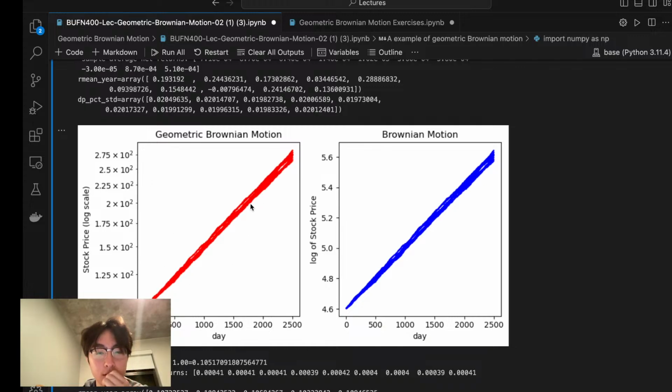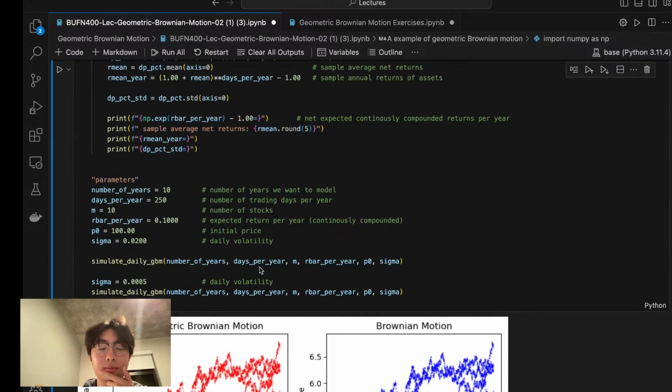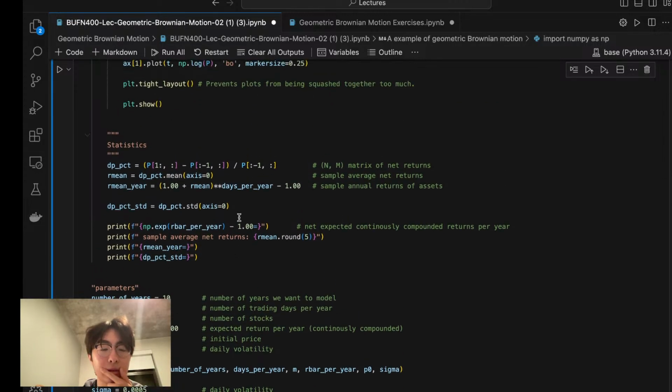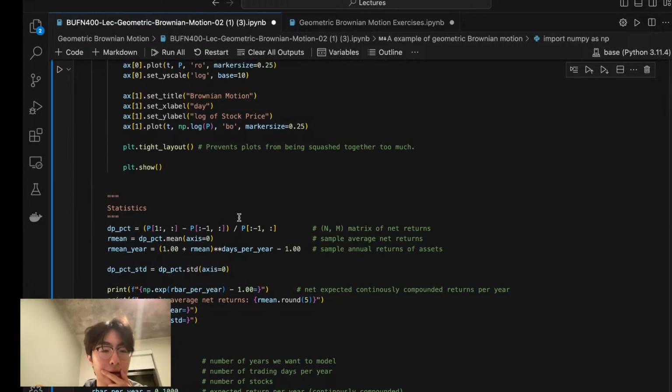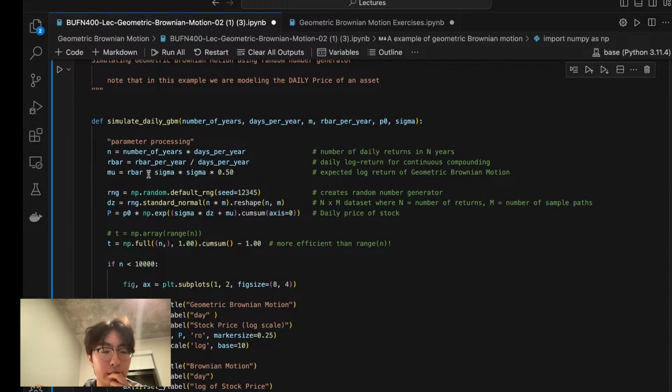I guess this is supposed to resemble the, so sigma, if sigma is really low, then our mu, which is defined as r bar minus sigma squared over two, is just going to resemble r bar, and it's just going to resemble an exponential function.